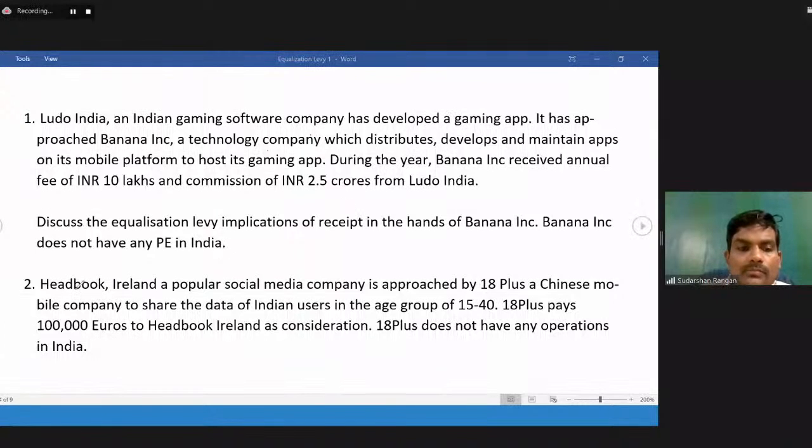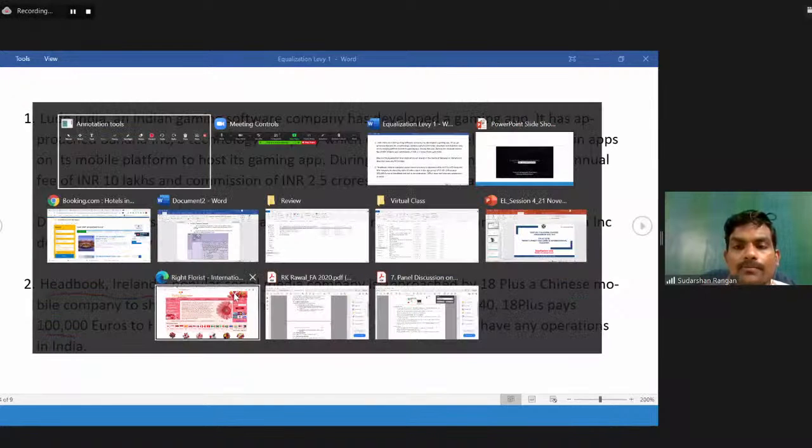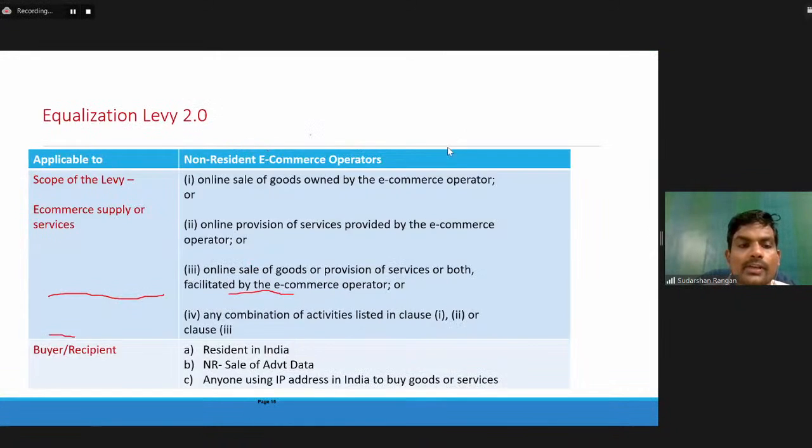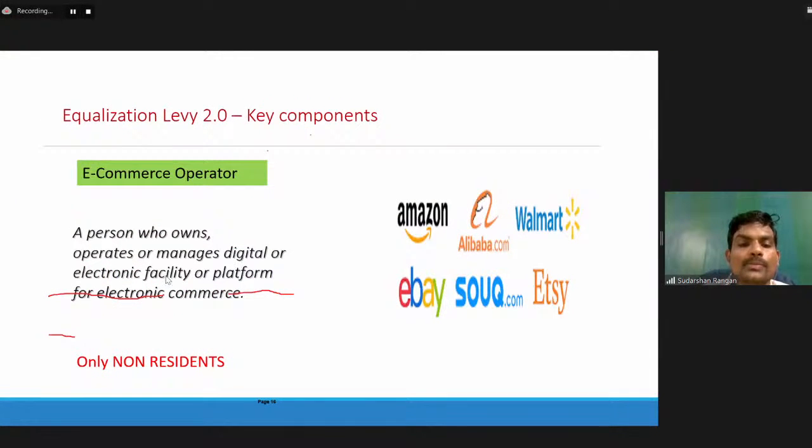The recipient should be a non-resident e-commerce operator. Now let's look at whether Headbook Ireland qualifies. An e-commerce operator, we know, is a person who owns, operates, or manages a digital electronic facility or platform for electronic commerce.